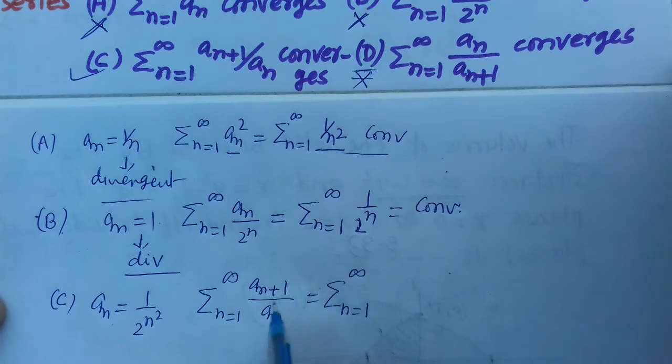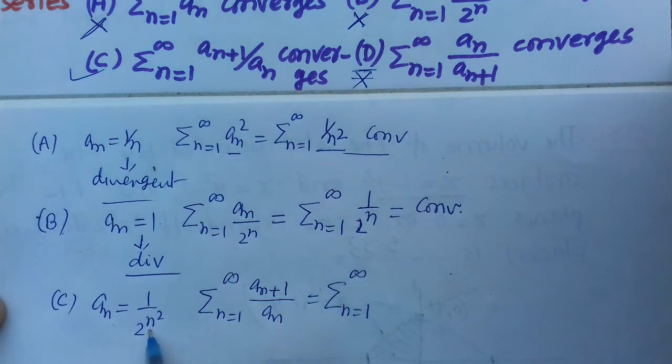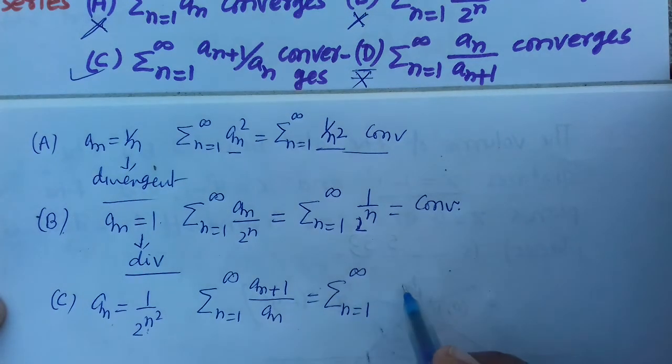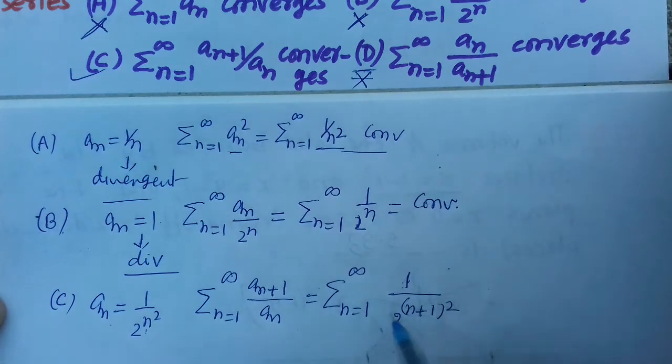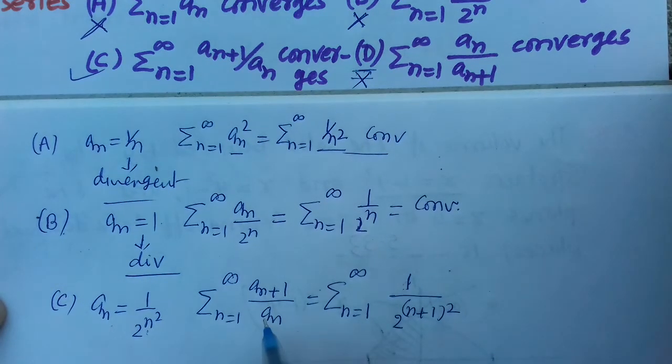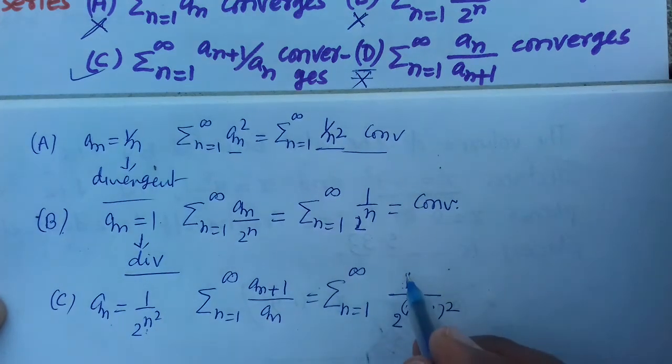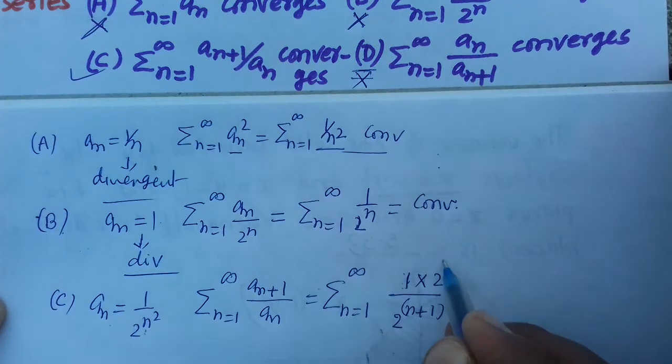Putting n plus 1 in place of n, this will be 1 by 2 to the power (n plus 1) whole squared, and here you see a_n, so here will be 2 to the power n squared.